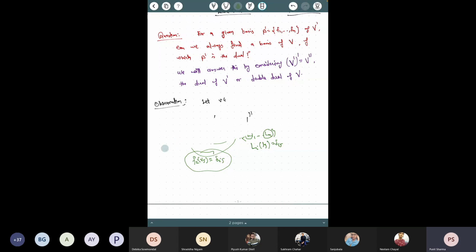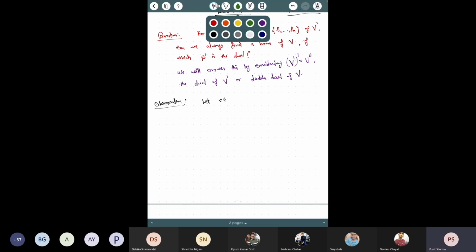Okay. So let us make this observation first. Suppose that we have a vector V in the vector space V. Consider this linear functional on V dash, because we want to relate the vectors in V and V double dash.